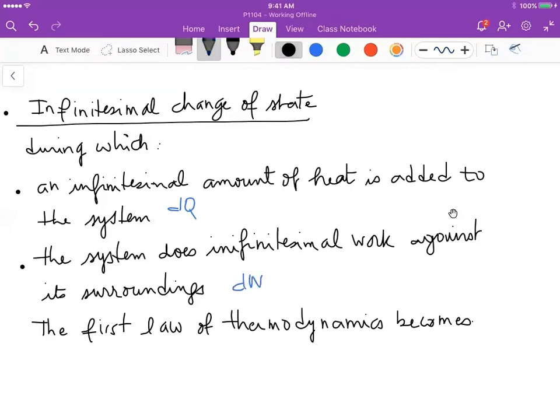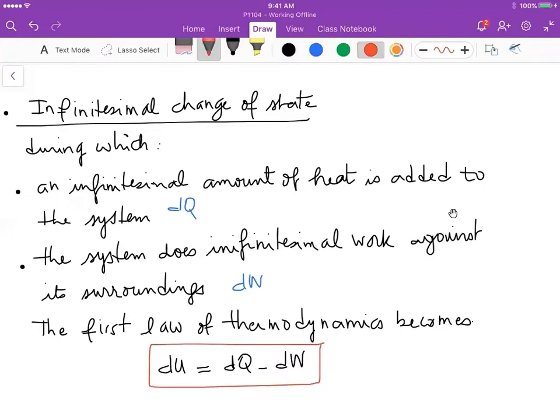Then the first law of thermodynamics can be written as dU, the infinitesimal variation in the internal energy of the system, equal to dq minus dW. And this is exactly the same as the first law of thermodynamics. هي نفسها عمليا، بس الفرق الوحيد انه هون ما عم نحكي عن given amount of change، but عم نحكي عن infinitesimal amount of change.